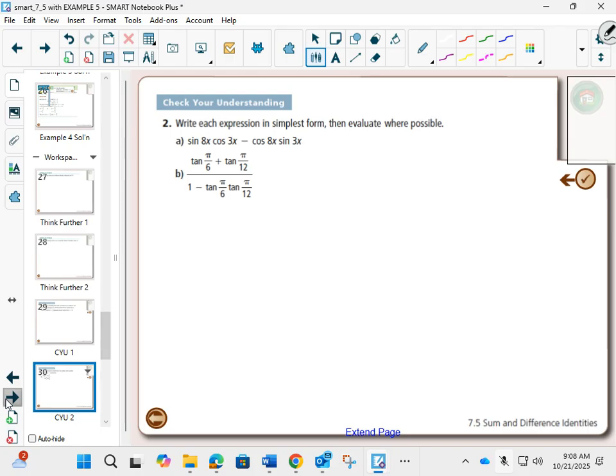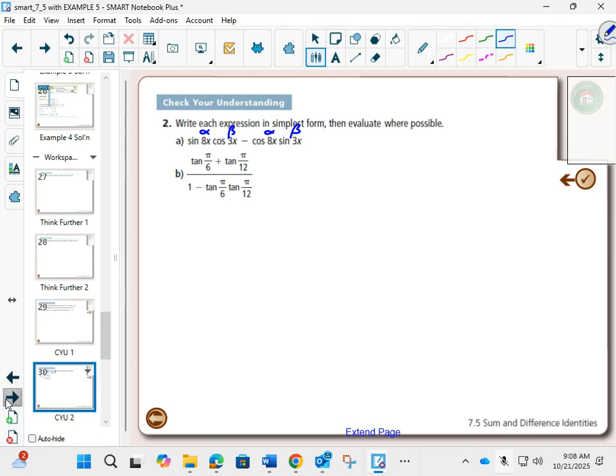Do I have one that looks like this? Sine alpha cos beta, cos alpha sine beta. So I'm going to make alpha 8x and beta 3x, because those are the two different angles that I have inside.